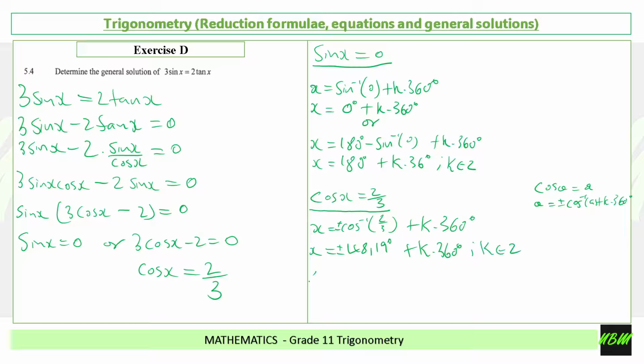Therefore, we can split it. x is equal to positive 48,19 degrees plus k times 360 degrees, or x is equal to negative 48,19 degrees plus k multiplied by 360 degrees.